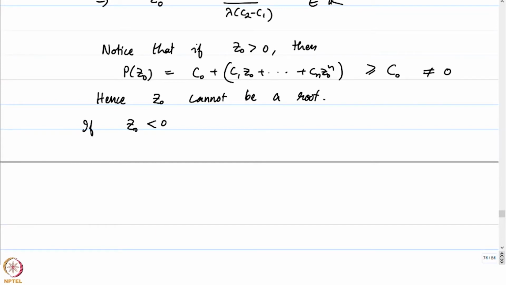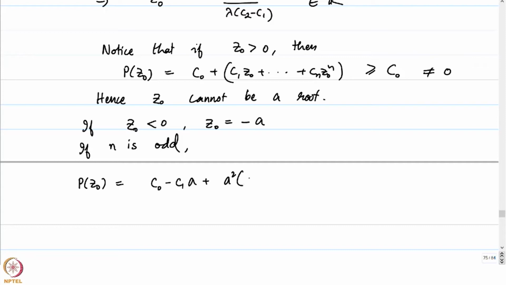Then let's divide the cases into two. If n is odd, what do we have? N is odd, then P of z naught will be c0 minus c1 times, okay, let z naught be equal to, say, minus a. So this is going to be c0 minus c1 a plus c2 a square. So let me put an a square common here, which will be c2 minus c3 a, I'm sorry.